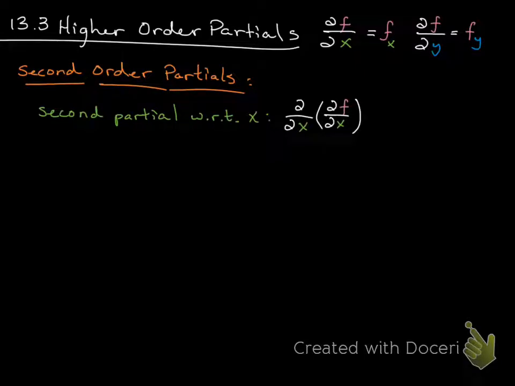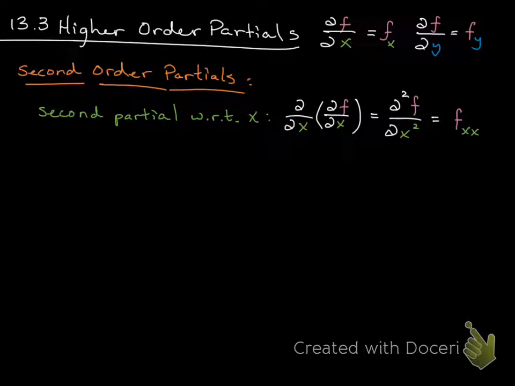So I've got the first partial with respect to x, and then I take another partial derivative, okay? Order of things does matter here. The way we write this is similar to how we would write a second derivative. We do partial squared of f, partial x squared, okay?